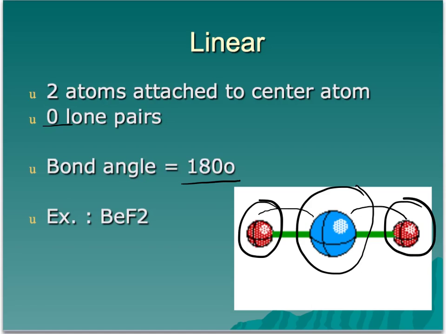So if we looked at this example over here, the two red ones would be F, and then the center blue one would be Be. So you'd have one Be and two Fs.